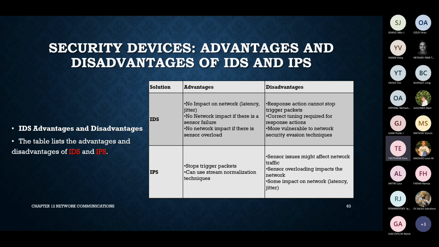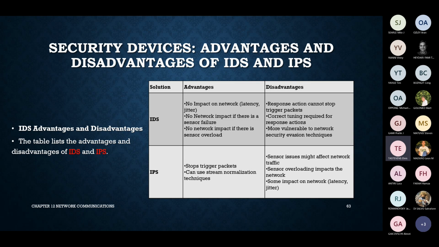The disadvantage is that response action cannot stop trigger packets, and correct tuning is required for response actions. Trigger packets are the very first part of the attack traffic. Yeah, move on. It is also more vulnerable to network security evasion techniques.